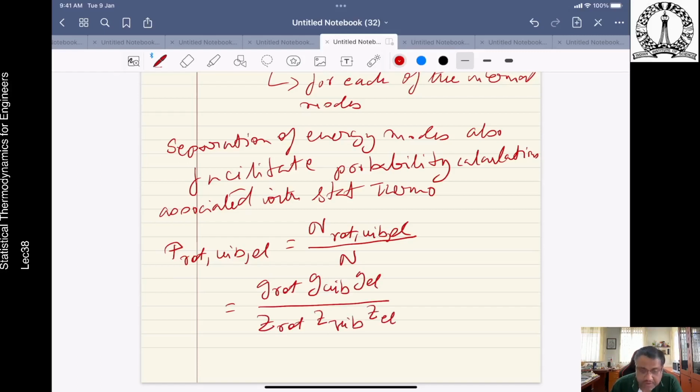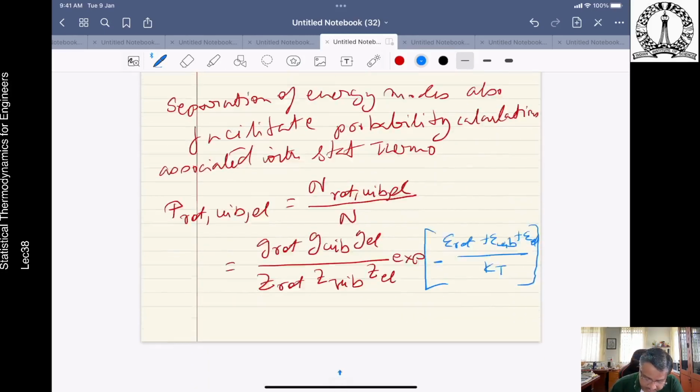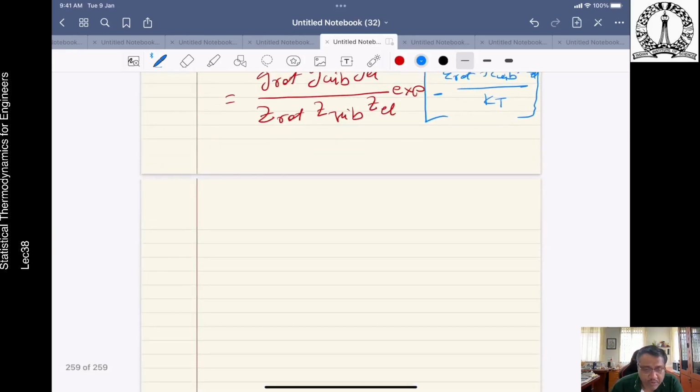and then of course there is an exponential term, minus E rotation plus E vibration plus E electronic divided by kT, where we know that the partition functions are like this.